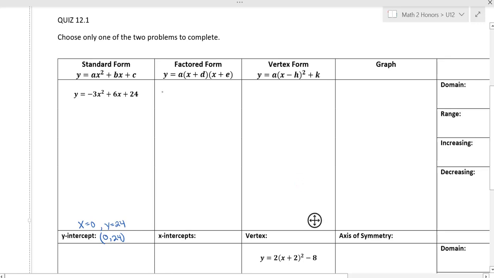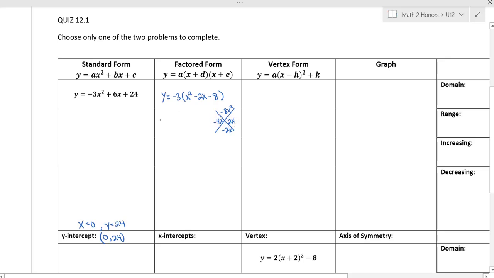Factored form, I'm going to factor out a negative 3, which is the greatest common factor of all three terms. And then I'm going to try to factor further. I'm looking for two terms that multiply to negative 8x squared and add to negative 2x. How about negative 4x and positive 2x?